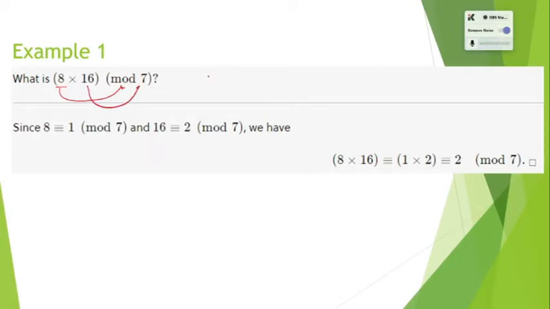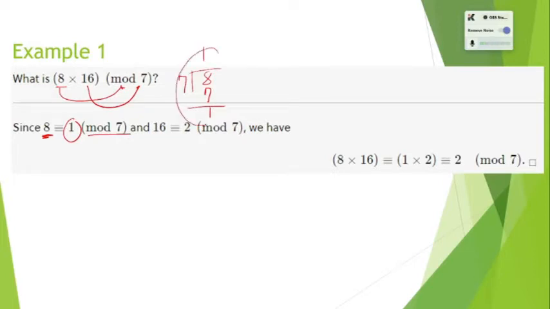If you remember, i-divide lang natin yung 8 with 7. So, that is 8 divided by 7, that is 1, and we have a remainder 1. So, since 8 ang kinuhanan natin ng mod, yung identical value niya would be 1 mod 7.